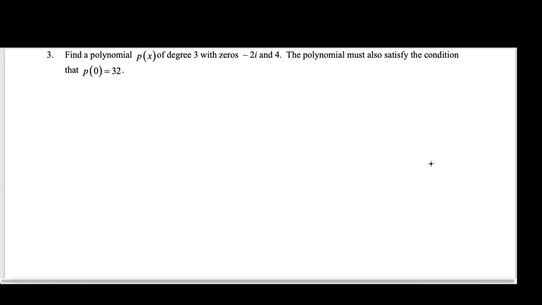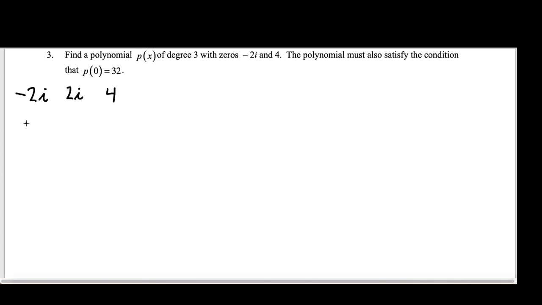Okay? So we've got a third degree polynomial. That means this polynomial will have 3 zeros. We're given 2 of them: minus 2i is a 0, and 4 is a 0. And according to the conjugate zeros theorem, if minus 2i is a 0, then plus 2i is also a 0. Okay?